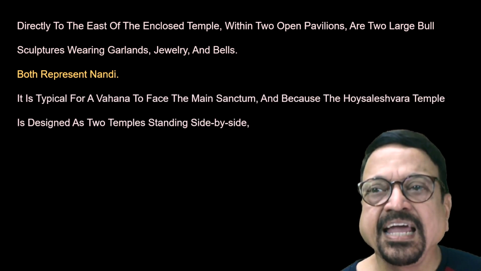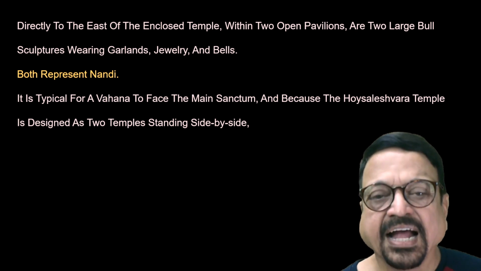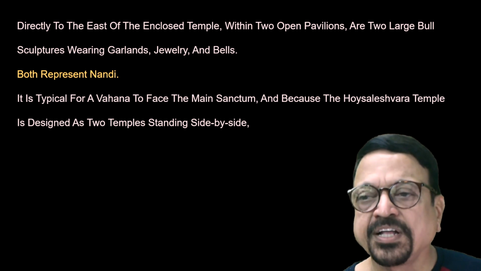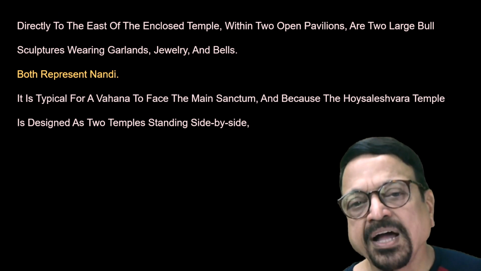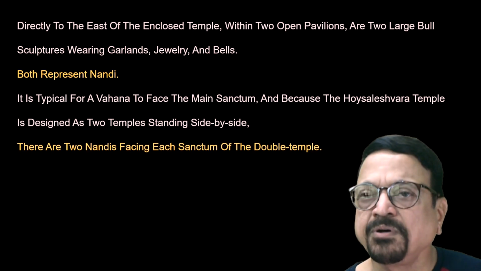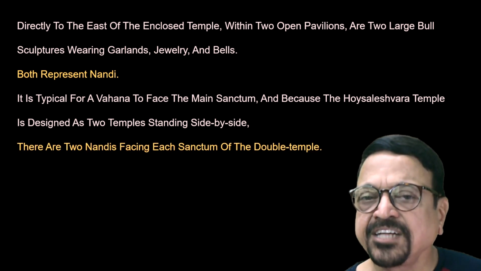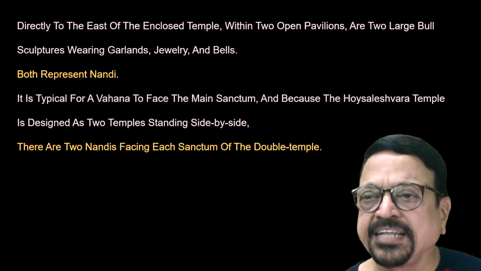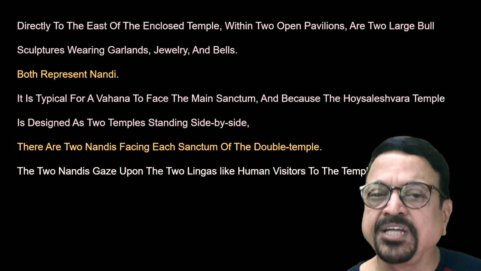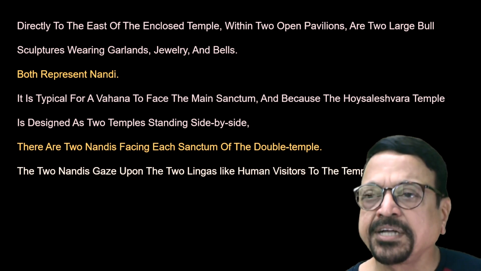Nandi is typically a Vahana, and he always faces Shiva. So whenever you go to a Shiva temple, before taking darshanam of Shiva, you will have to cross Nandi, take the darshan of Nandi, worship him, and then go to Shiva. That is always the practice in any Shaivism or Shiva temple.